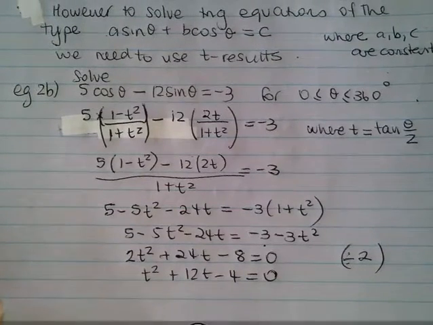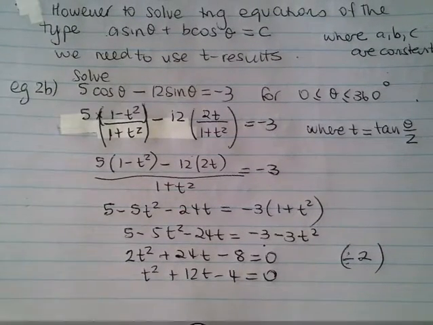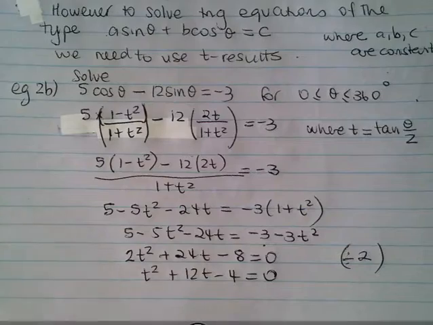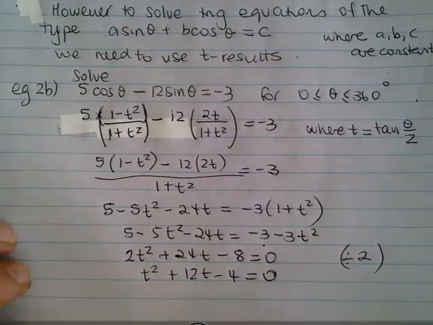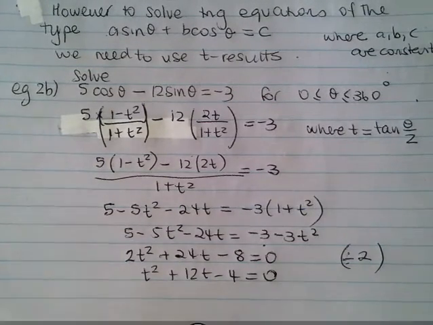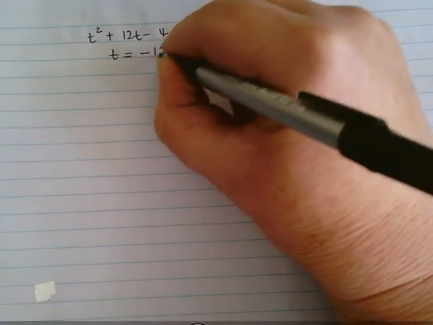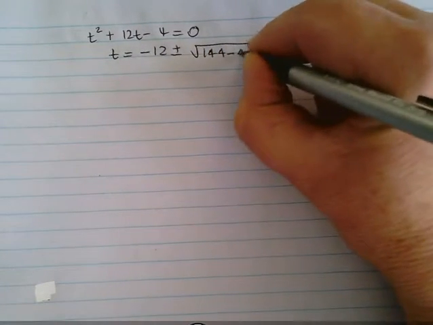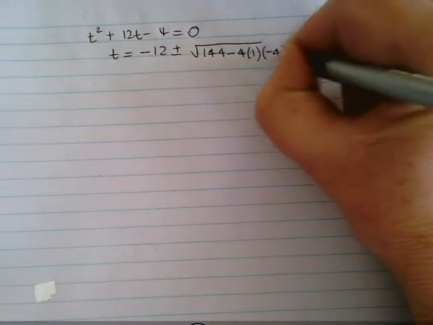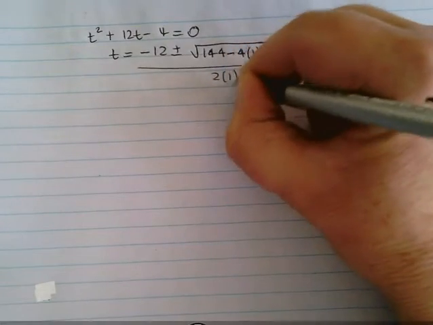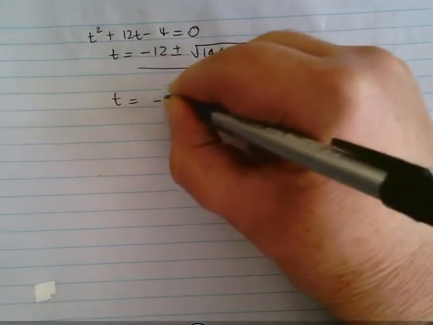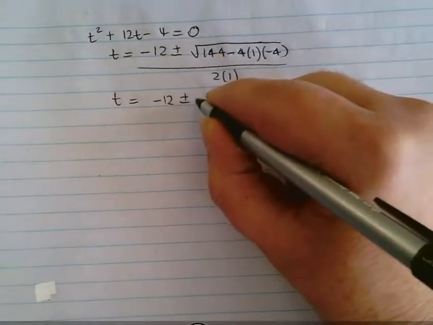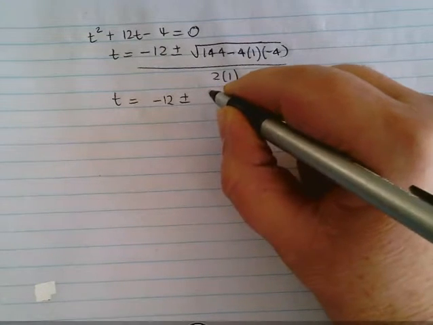All right, so t squared plus 12t minus 4. So do the quadratic formula with that. I've got t equals -12 plus or minus the square root of 144 minus 4 times 1 times -4, over 2 times 1. So t is -12 plus or minus the square root of 144 plus 16.